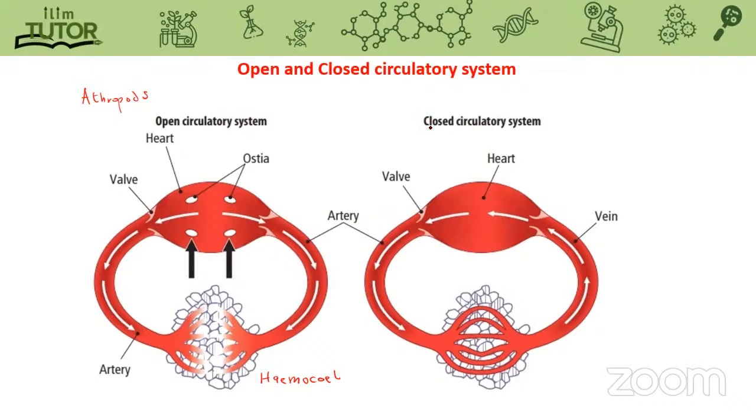In the closed circulatory system, we see that blood is pumped from the heart through blood vessels, and these blood vessels basically differentiate into smaller blood vessels that we refer to as capillaries.